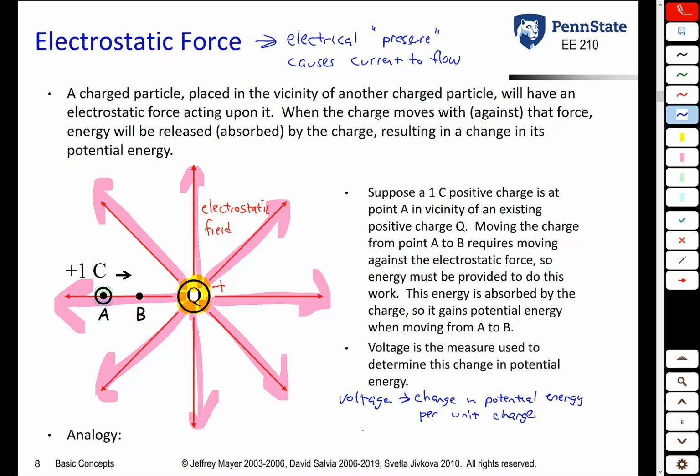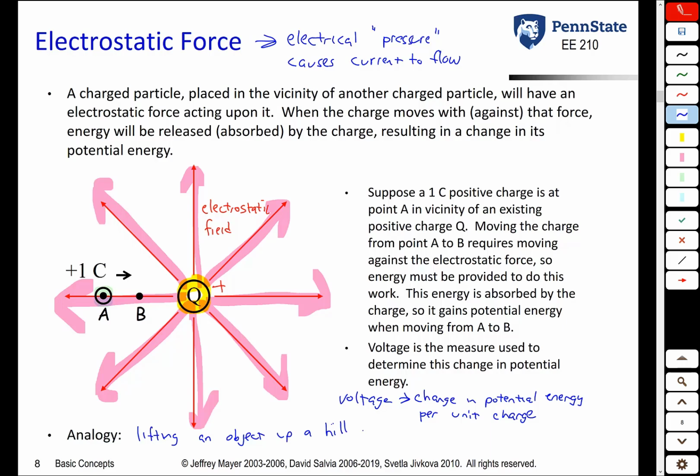So a good analogy of this would be lifting an object up a hill. You're going against the gravitational field, the gravitational force, and so you're putting energy into that object.